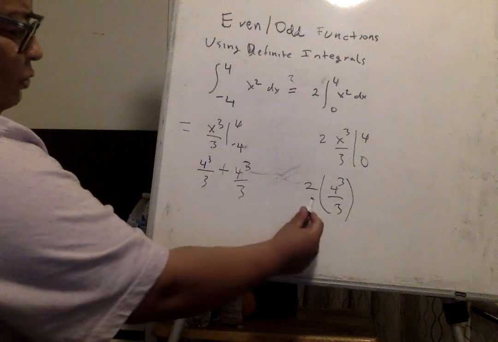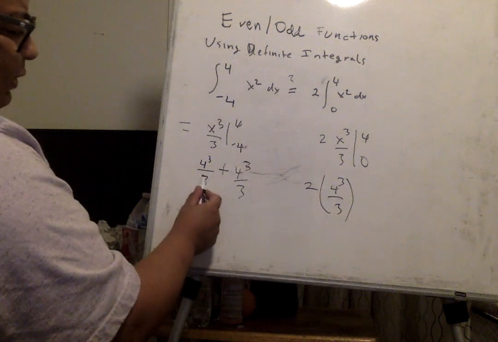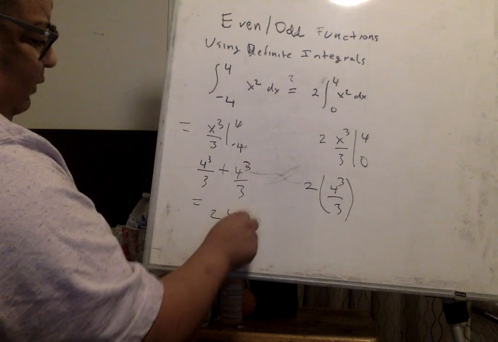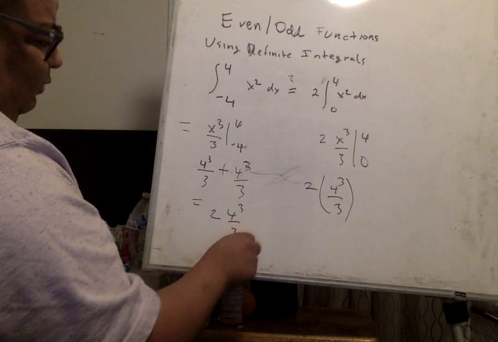So here we have 2 times that, and here we have 2 times 4 cubed over 3, the same thing.